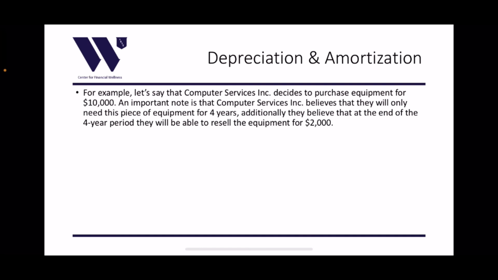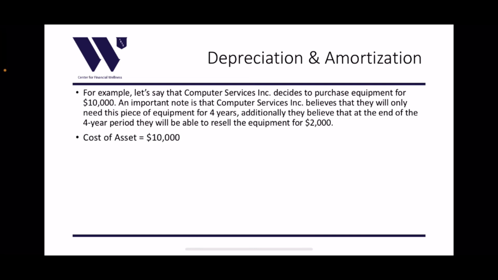Let's say Computer Services Inc. decides to purchase equipment for $10,000. An important note is that Computer Services Inc. believes that they will only need this piece of equipment for 4 years. Additionally, they believe that at the end of the 4-year period, they'll be able to resell their equipment for $2,000.